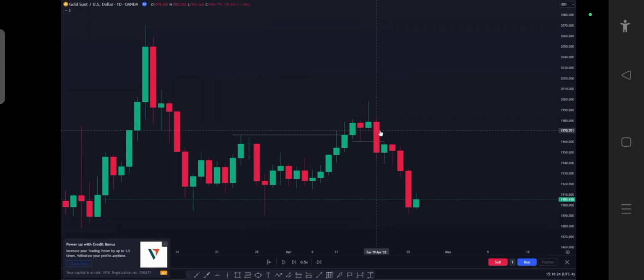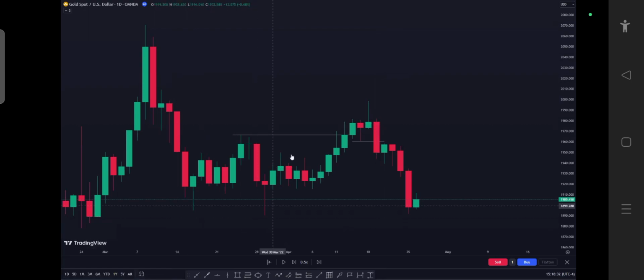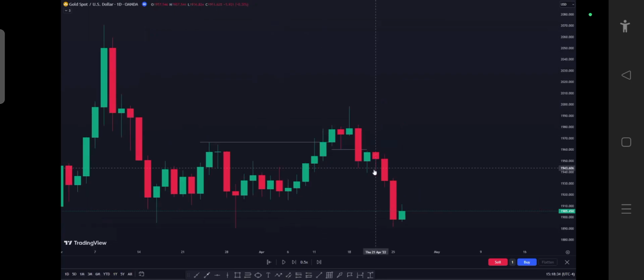If price violates that high, we don't want to see it violated on a closing basis. Look at this high. It is not violated by this candle. It just retreats down and has not violated this candle's high. So we're going to stick to the lower bias.